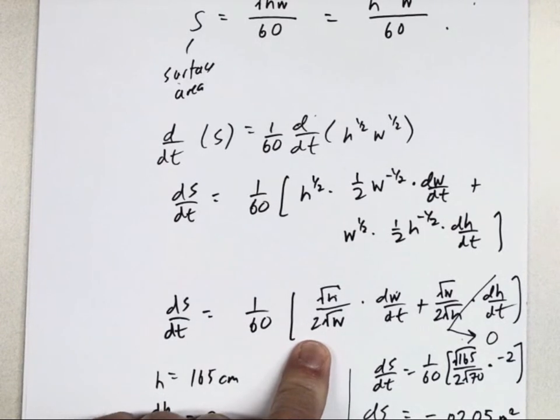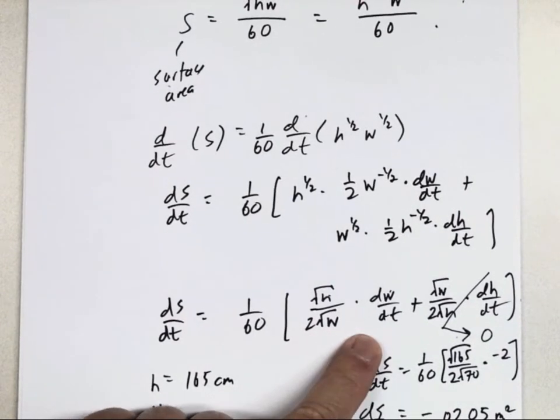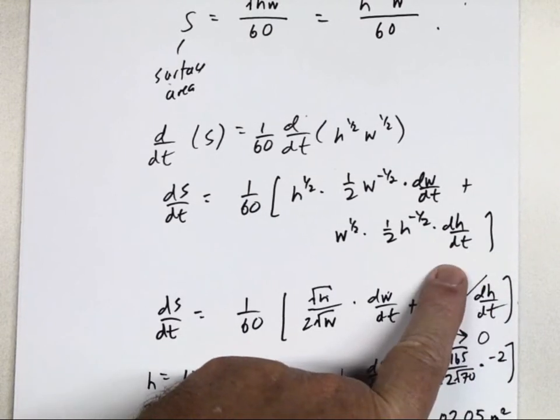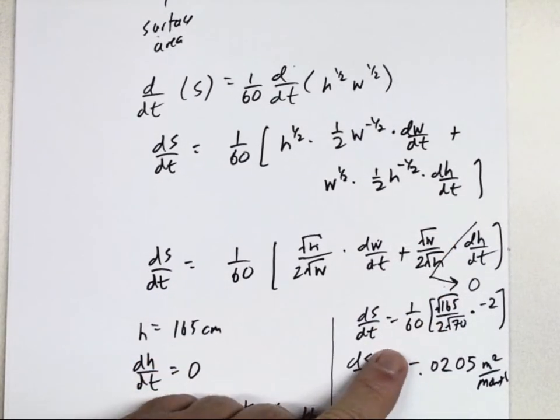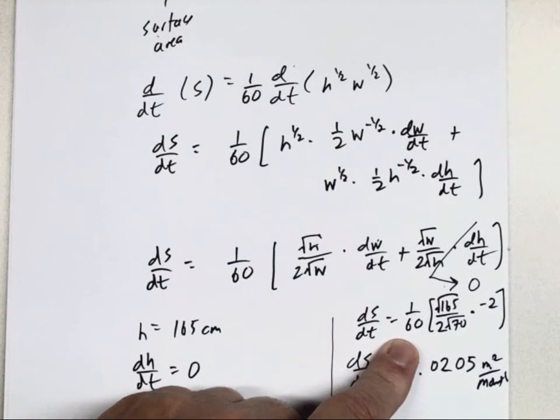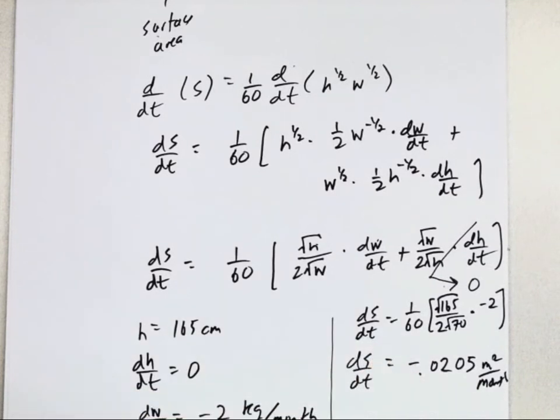Square root of h over 2 square root of w times the dw dt plus, this whole thing goes to 0 because dh dt. And then 1 over 60 times square root of 165 divided by 2 times square root of 70 times a -2.